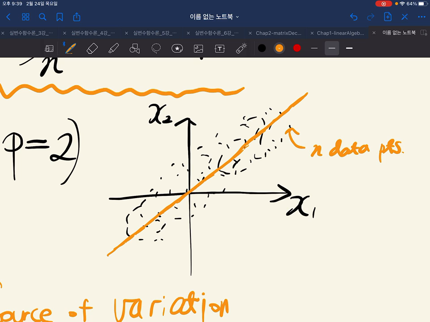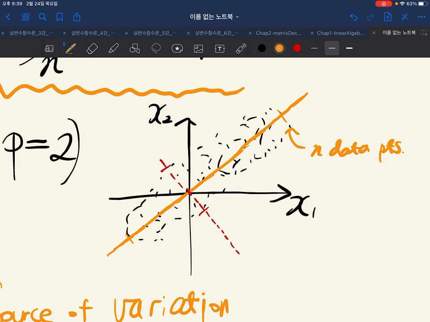So unlike the first principal component, if we think of the second principal component, the source of variance is much smaller than that of the first principal component on the direction of the principal component.